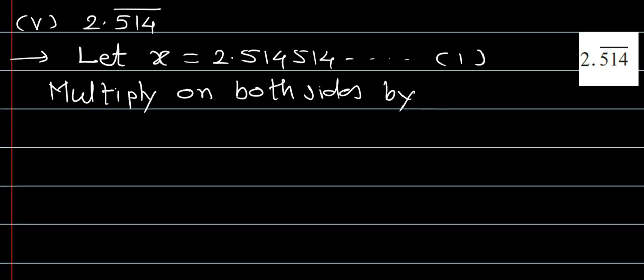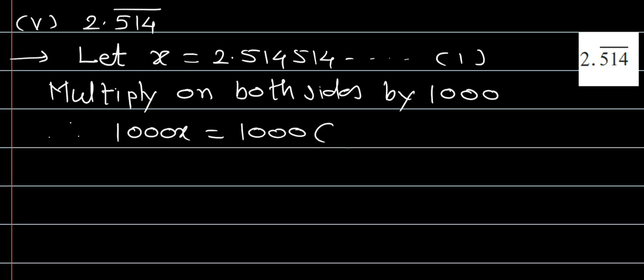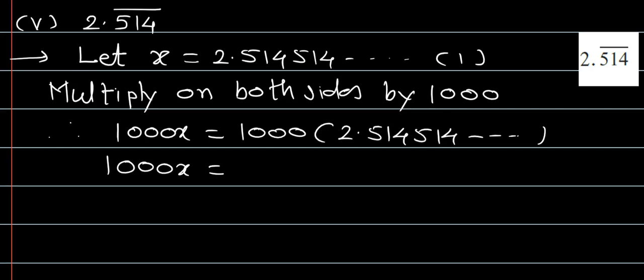Therefore, 1000x equals 1000 times 2.514514 dash dash, that is 1000x equals 2514.514514 dash dash. This is equation number 2.